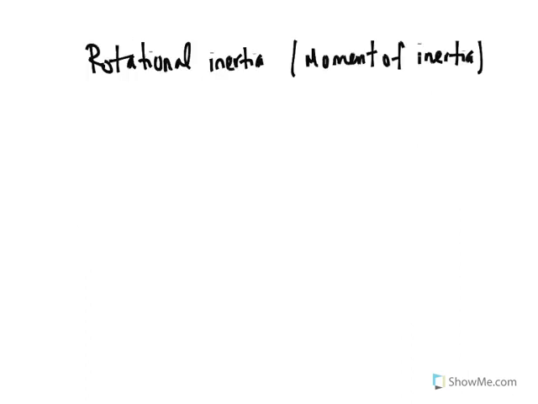The rotational inertia, best known as the moment of inertia, is given by the letter I, and it's given as an integral of r squared dm. If we have just particles, it's just the sum over where the mass is located at a certain space.